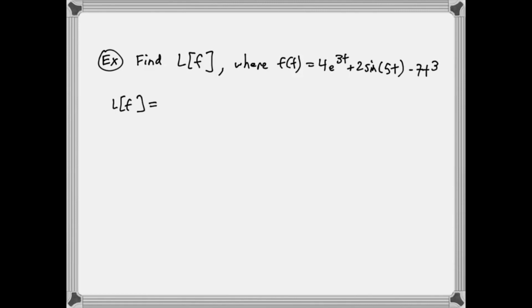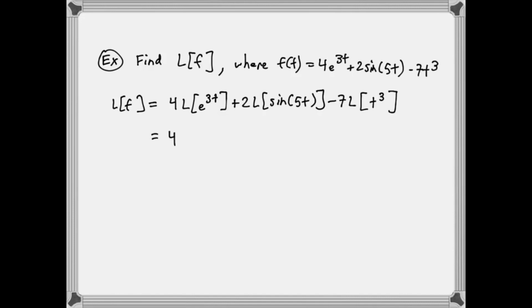Well, by linearity, isn't this equal to 4 times the Laplace of e to the 3t plus 2 times the Laplace transform of sine of 5t minus 7 times the Laplace transform of t cubed? So what would this be?